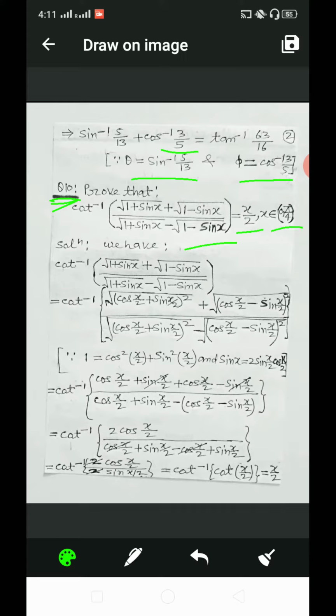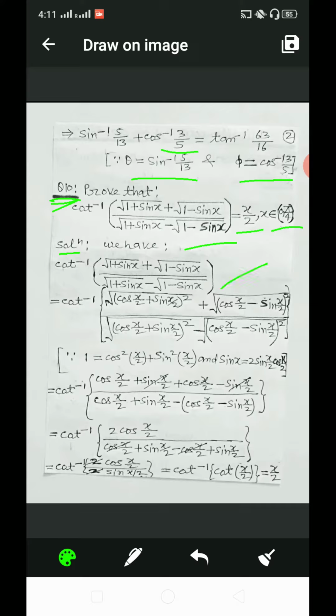Let us start the solution. We have cot inverse of (square root of 1 plus sin x plus square root of 1 minus sin x) by (square root of 1 plus sin x minus square root of 1 minus sin x).